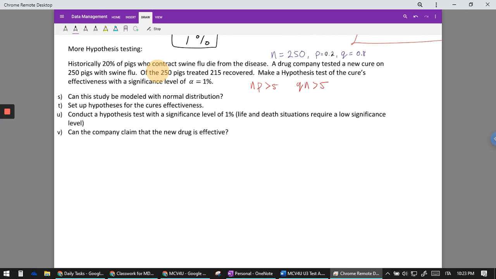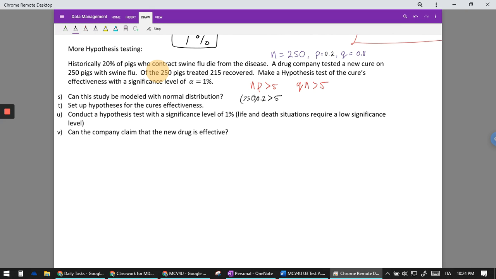Well, P times N is 250 times 0.2. And so that's around, I guess, 50? Let's just double check that. It's pretty late over here. So it's 250 times 0.2.